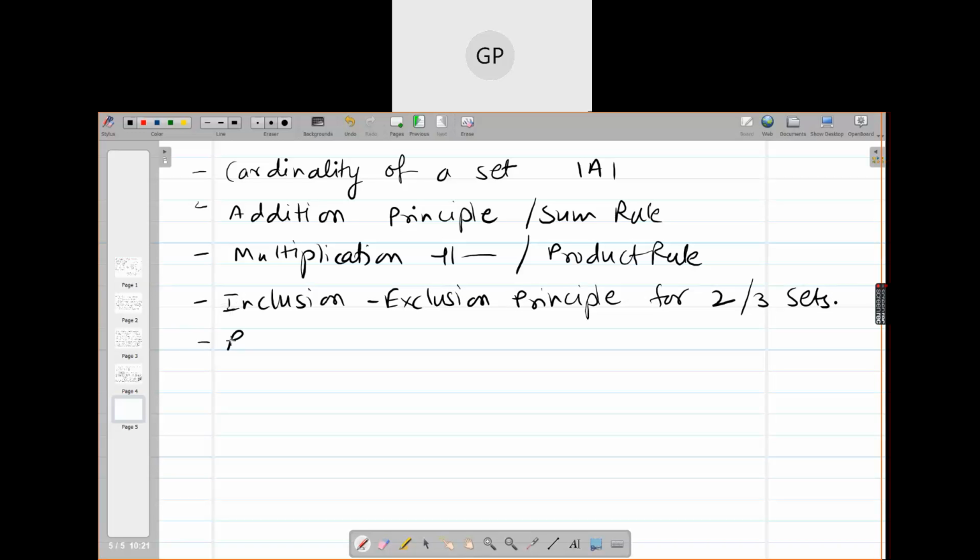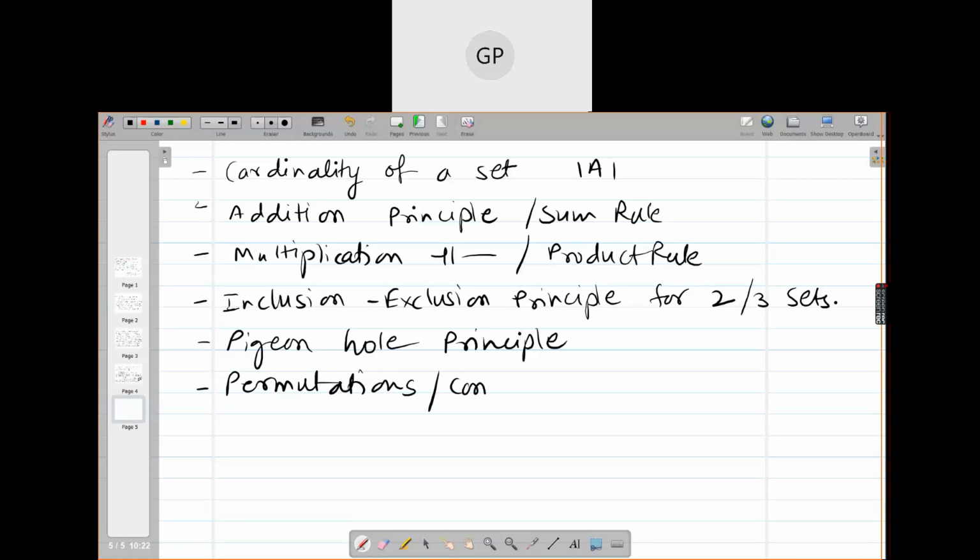Then we had pigeonhole principle. And then we had permutations and combinations with repetition and without repetition. Results are based on permutations and combinations. So you should be able to identify the situation where which principle is used. That you have to understand.